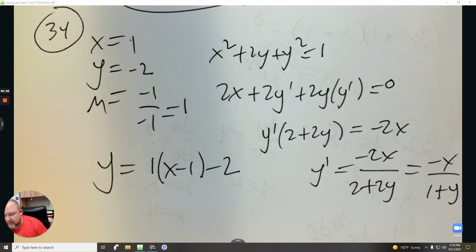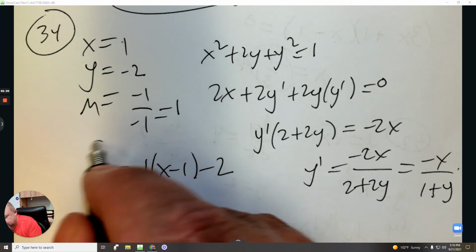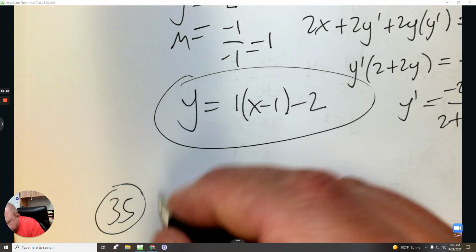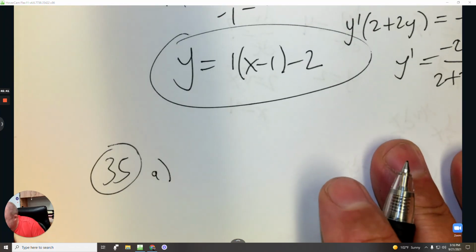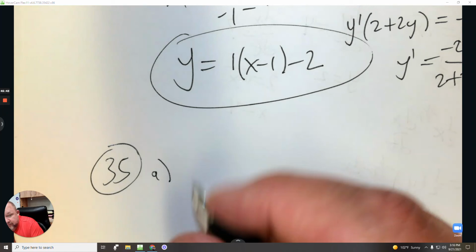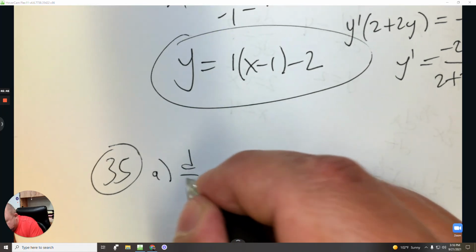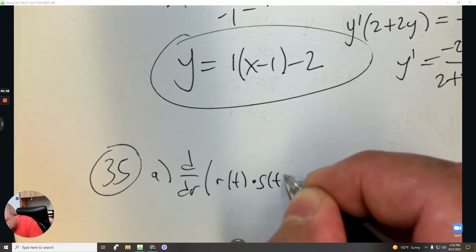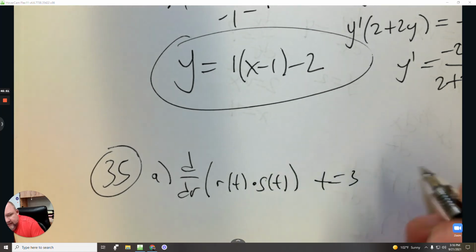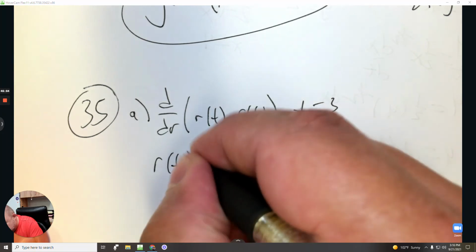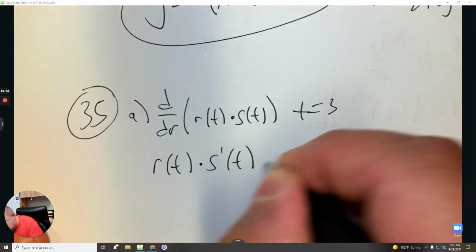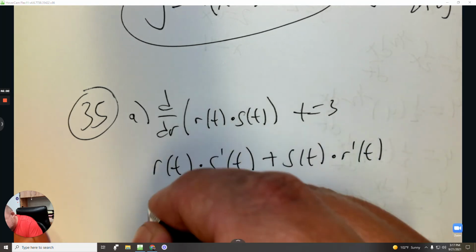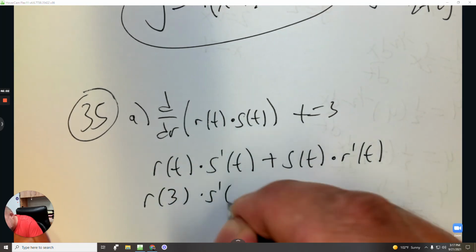All right, last one, number 35. For a, it says take the derivative using the product rule. So we have the derivative of r times s at t equals 3. This is the product rule. The first times the derivative of the second plus the second times the derivative of the first. Plug 3 in for t after you do that.